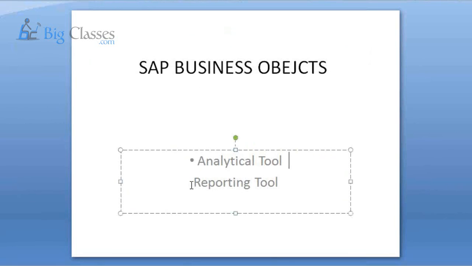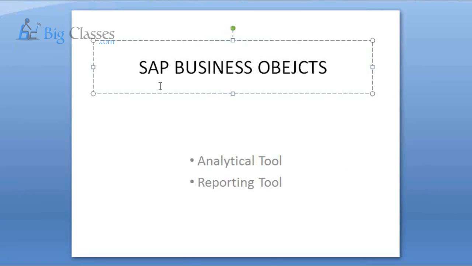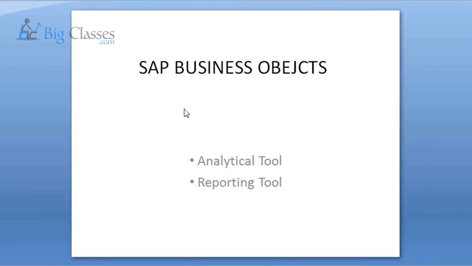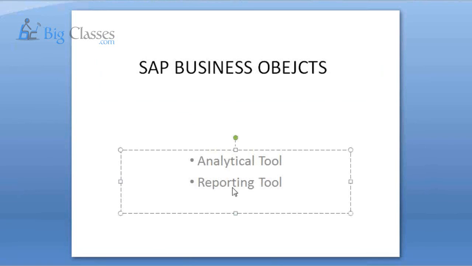The name itself is indicating, right? It is used to generate the reports, isn't it? So business objects is a reporting tool where you can generate various types of reports.